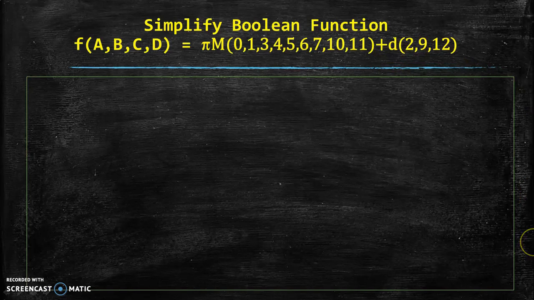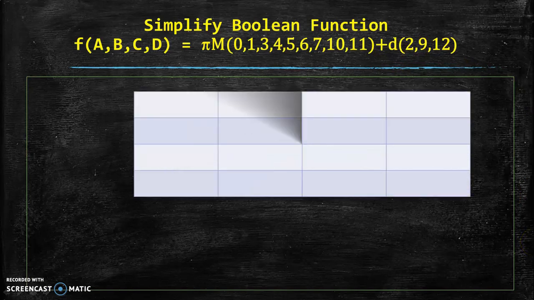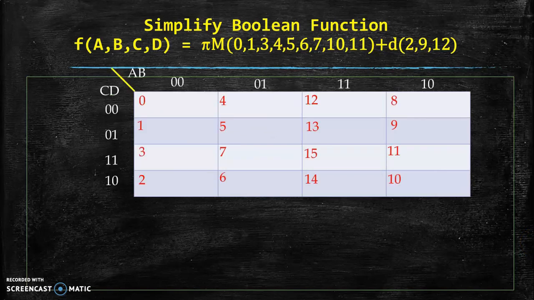So again we prepare our K-map with 4 variables as usual, and we enter zeros in the given max terms. So 0, 1, 3, 4, 5, 6, 7, 10 and 11. These are the max terms and we have entered zeros in the respective cells.